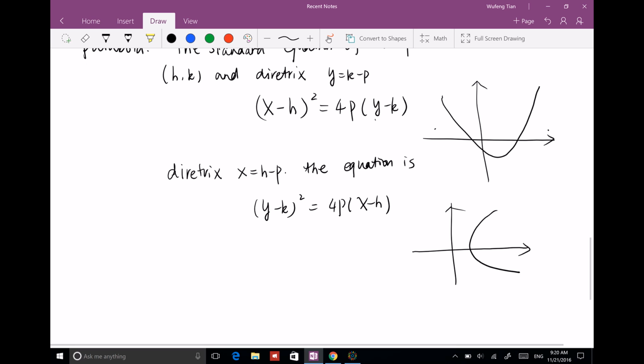Now the focus lies on the axis p units from the vertex.